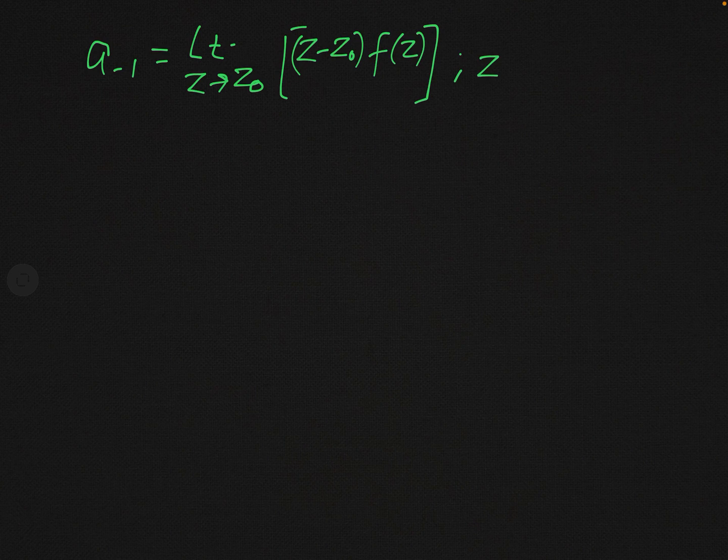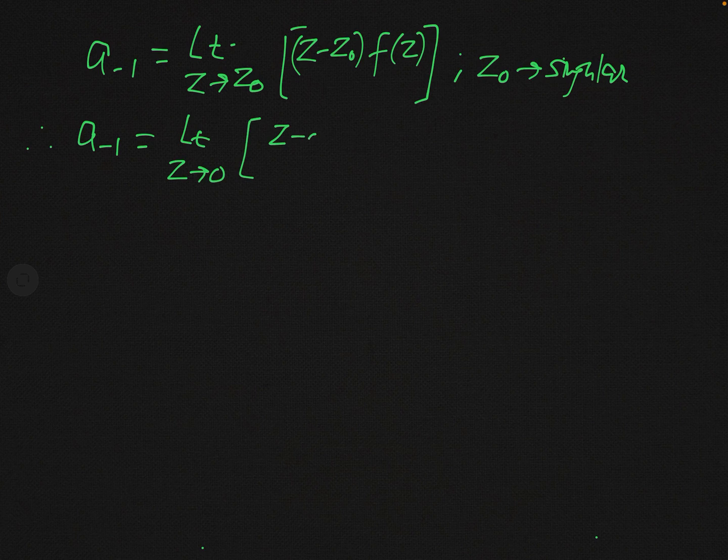Here actually what is this z naught? Z naught is actually the singular point. So when this singular point is at z equal to 0, then we will write the residue at z equal to 0 equal to limit z tending towards 0 of z minus z naught. Since z naught is 0, this will be z minus 0, and f of z.